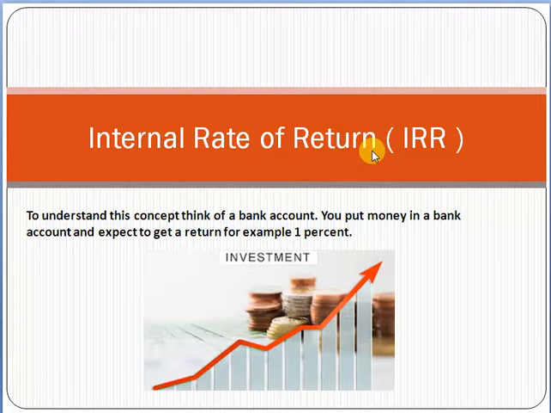This technique can be used by senior management to select a project which should be started in the future. This is a project selection approach: this project should be selected and initiated because the internal rate of return is higher on this project.